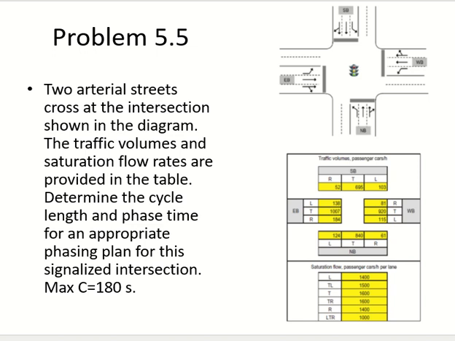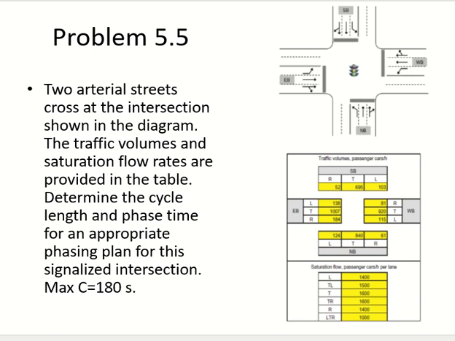So this one will be 55% of straight only, this one 45% of straight plus the right. Clear? And this will happen in all directions, the same lane groups. And they have given us the saturation flow rates as well.